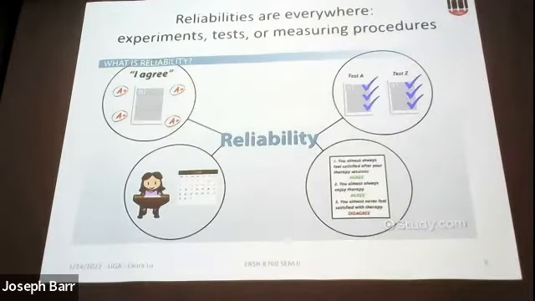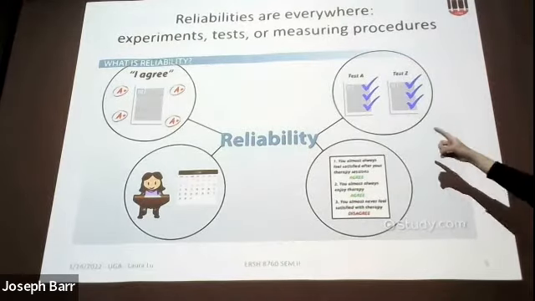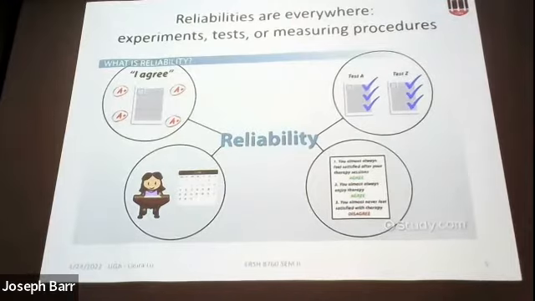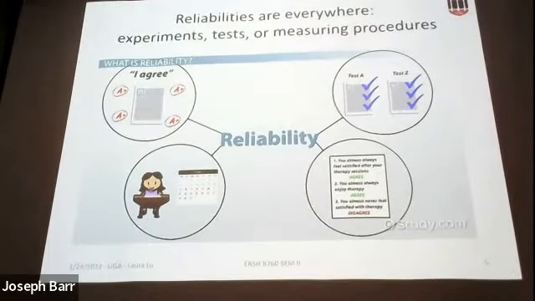It's widely used in all measurement or in grades. If you have different tests, test A, test C, or a questionnaire, you're gonna check the reliability. We widely use this concept for experimental tests or measurement procedures.